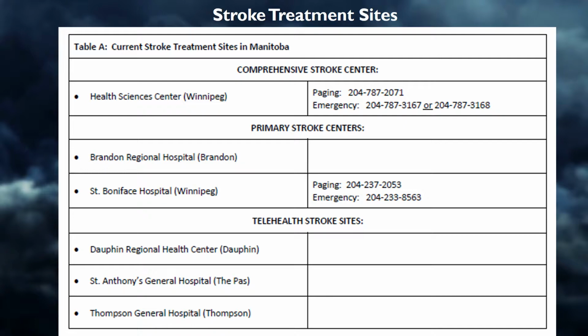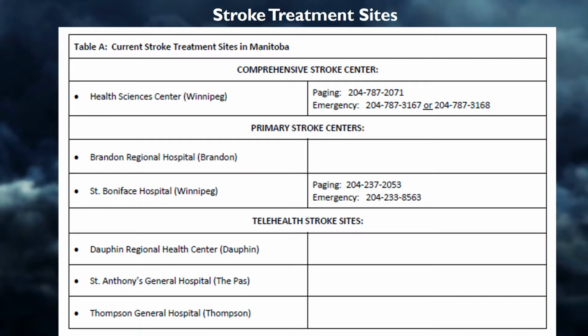The other two categories of stroke centers or sites, they function the exact same. So primary stroke centers and telehealth stroke sites, I know that they're listed separately. In reality, they function in the exact same manner. And just to give you an example, I know for a fact that on some days, Brandon is able to offer a neurologist at the bedside, but on just as many days, they're not able to have that neurologist there.